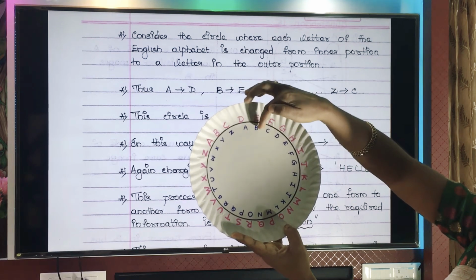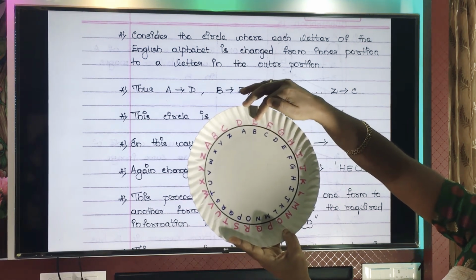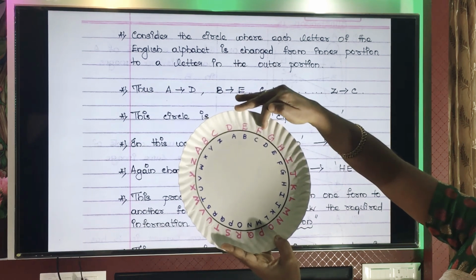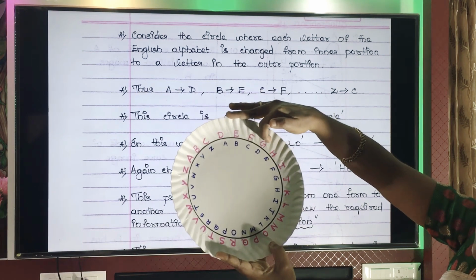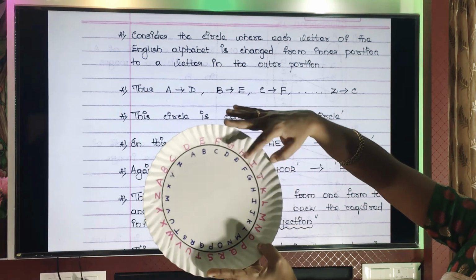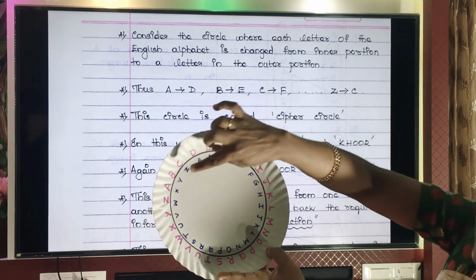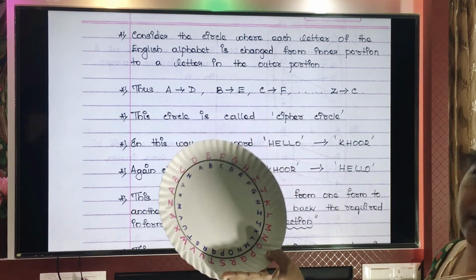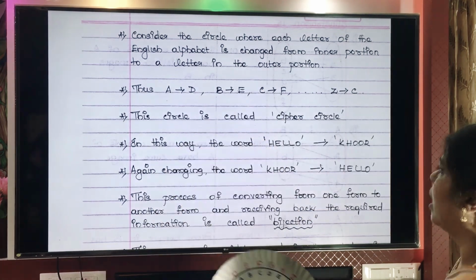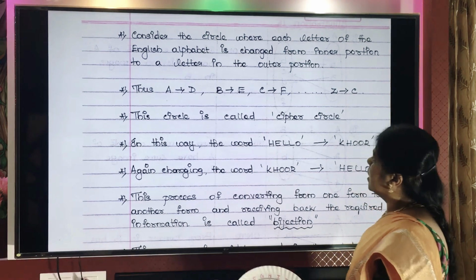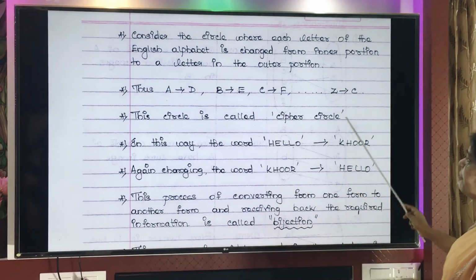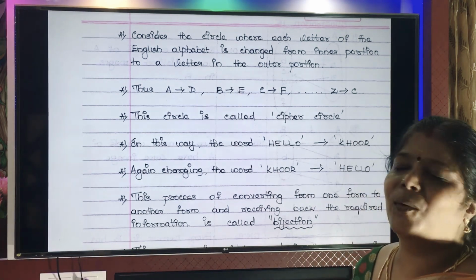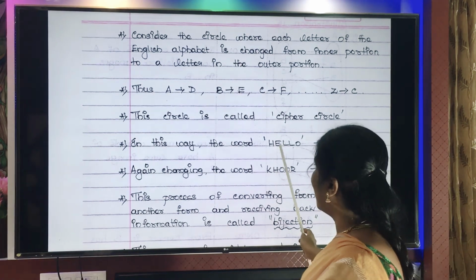D. For inner portion B, the outer portion will be E. For inner portion C, it is F. For D, it is G. For E, it is H. For F, it is I. Like that, I have written for all the letters. So now this circle is what is called the cipher circle. Suppose you wanted to express the word hello.